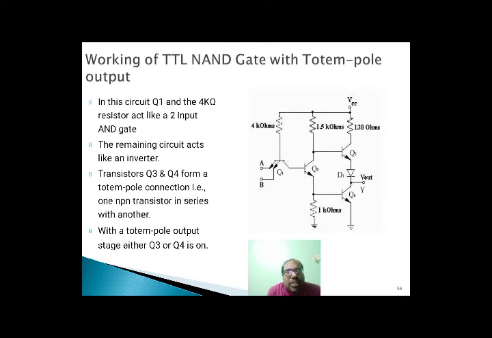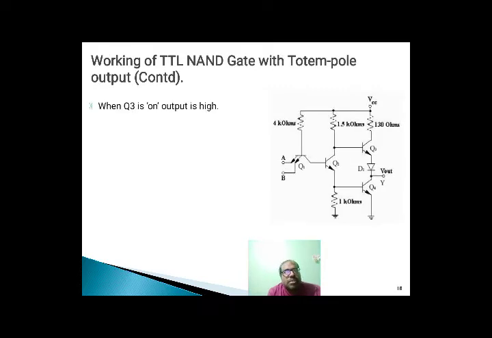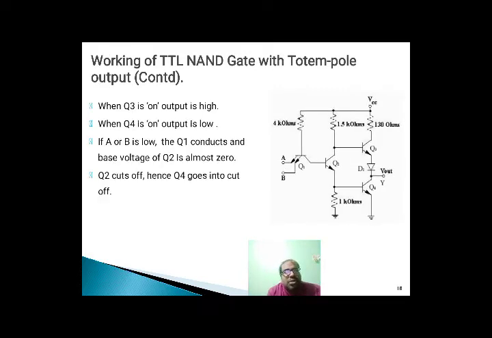Next, with a totem pole output stage, either Q3 or Q4 is on. When Q3 is on, output is high, and when Q4 is on, output is low. If A or B is low, Q1 conducts and the base voltage of Q2 is almost 0, and Q2 is in cutoff condition, hence Q4 goes to the cutoff condition here.